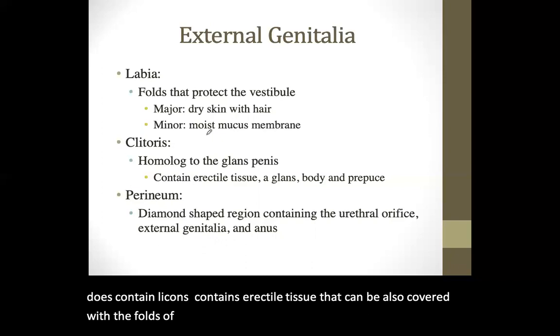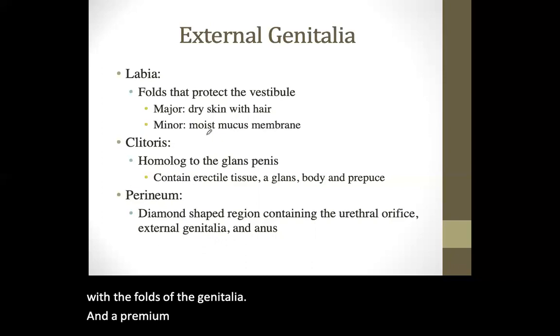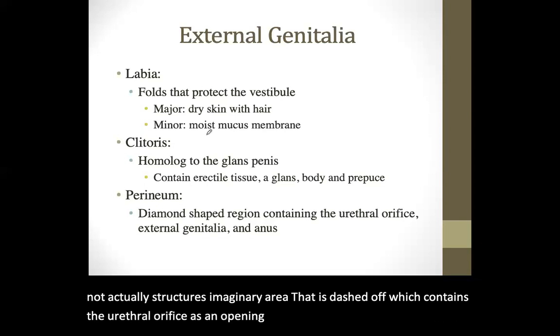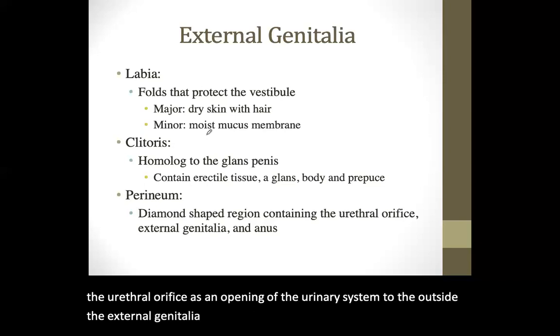And perineum is what you identify as this diamond-shaped structure. It's not actually a structure, it's an imaginary area that is dashed off, which contains the urethral orifice as an opening of the urinary system to the outside, the external genitalia, which is basically the labia minora, labia majora, and the clitoris, as well as the anus.